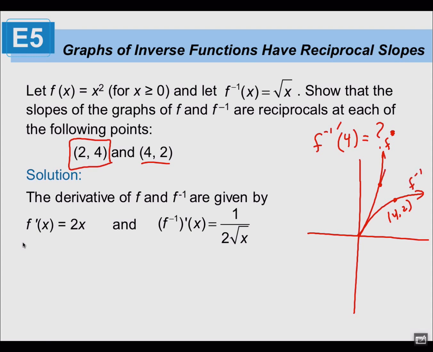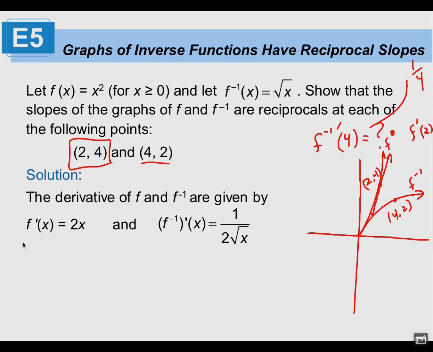I'm going to find the slope of this tangent line from the original function, and then take the reciprocal, and I get the slope of the tangent line to the inverse. So I'm going to need to use 2 in this. So I'm going to find f prime of 2, which is easy. Take the derivative of f, you get 2x, put in 2, you get 4. Take the reciprocal, 1/4. So the answer to this problem over here will be 1/4.